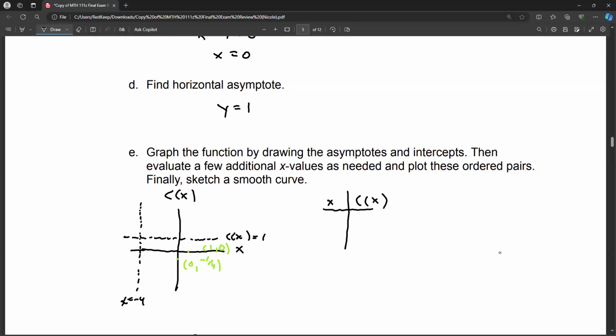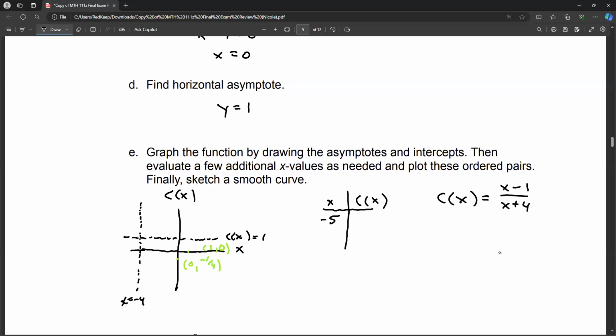If we remember, our c of x function is equal to x minus 1 over x plus 4. You can try to choose some advantageous x values to get nice results. So x equaling -5, I think that one turns out pretty nice.